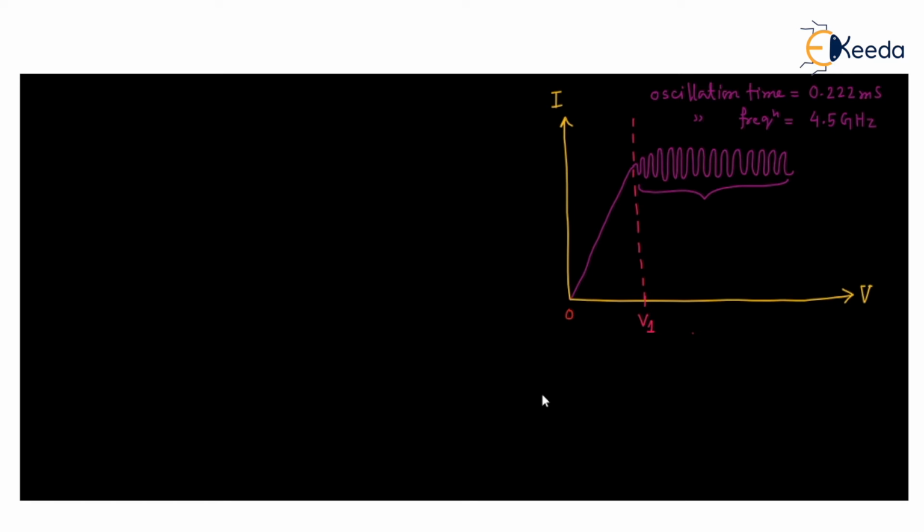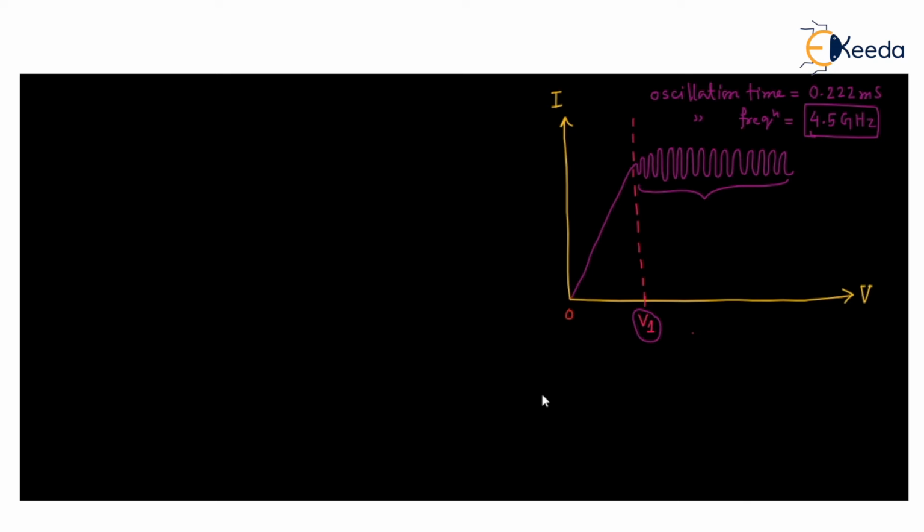That means we are giving some DC voltage to the Gunn diode, but after a certain V1 voltage, the current we are getting in the device is oscillatory in nature, and the frequency of the current that will flow will be 4.5 gigahertz.